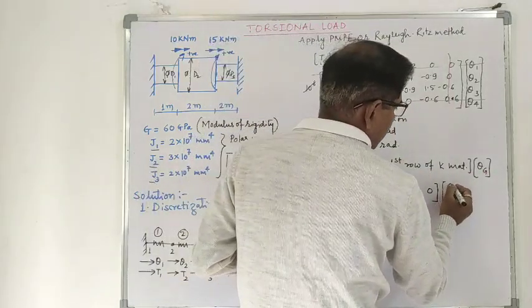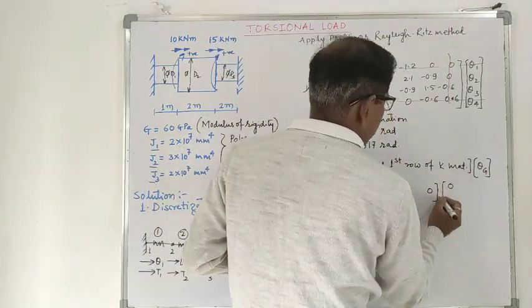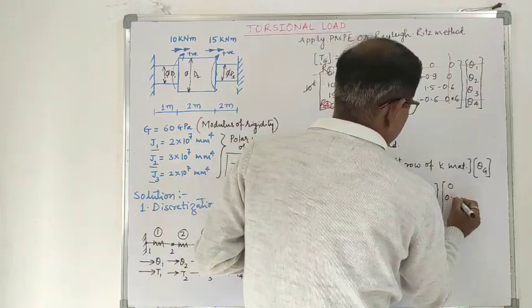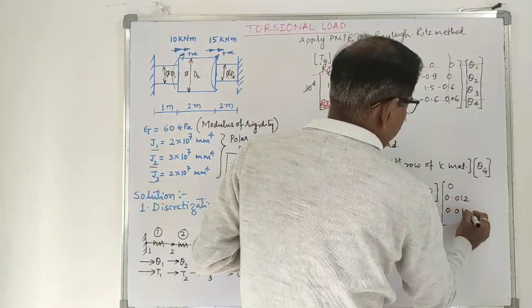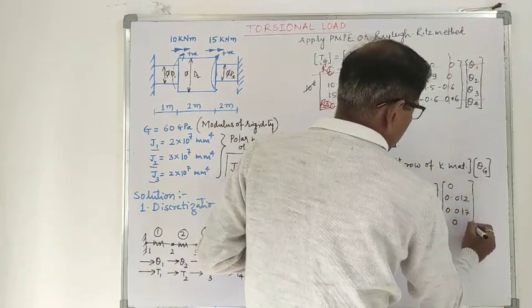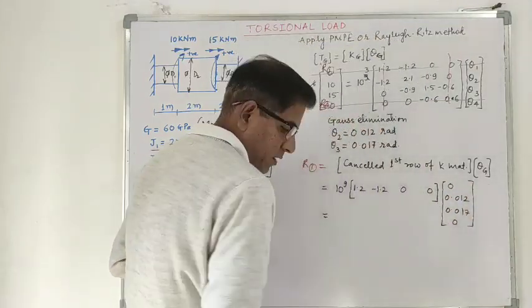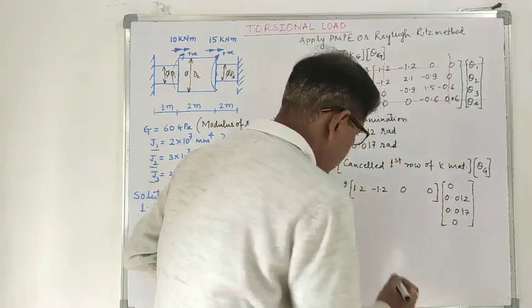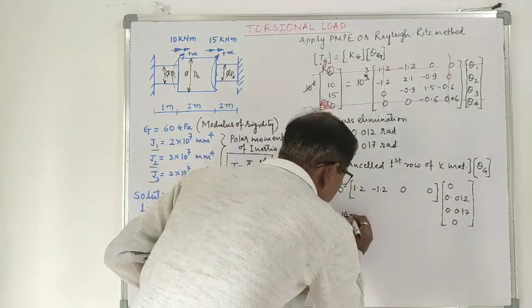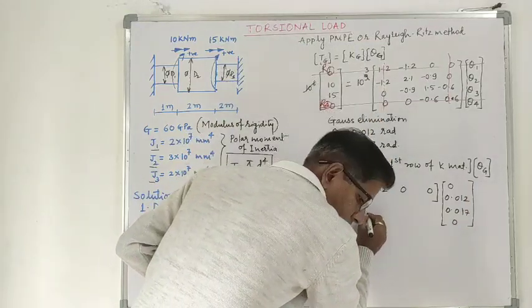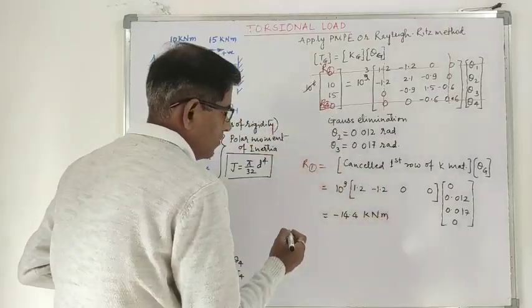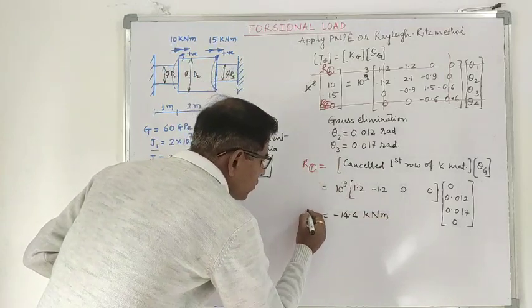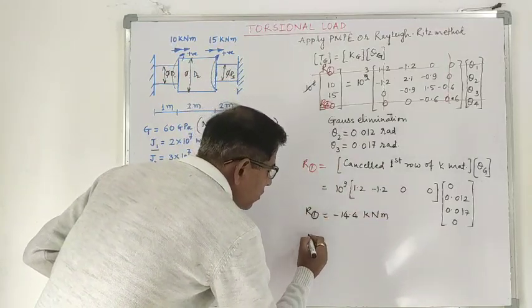Theta 1 is 0, theta 2 is 0.012, theta 3 is 0.017 and theta 4 is 0. If you calculate it, it comes out to be minus 14.4 kilonewton meter. So this is the reaction at node number 1.